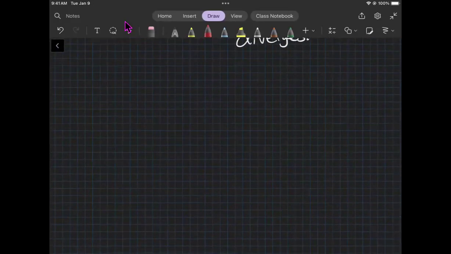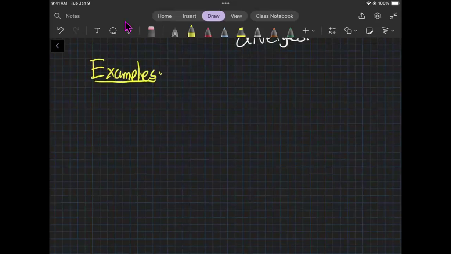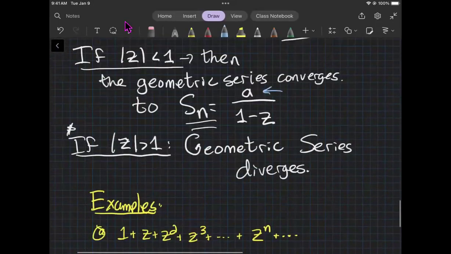Some examples of a geometric series in the complex numbers will look something like this. Here's one example: 1 plus z plus z squared plus z cubed plus ... z to the n. Here's an example of a recognizable geometric series.